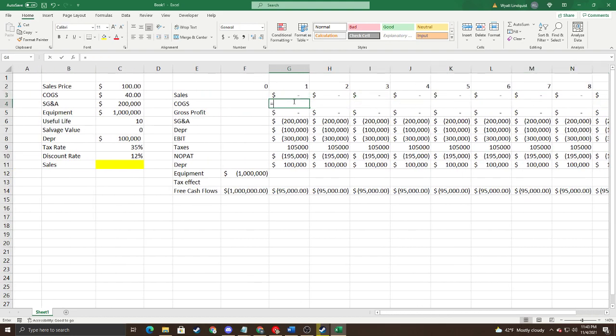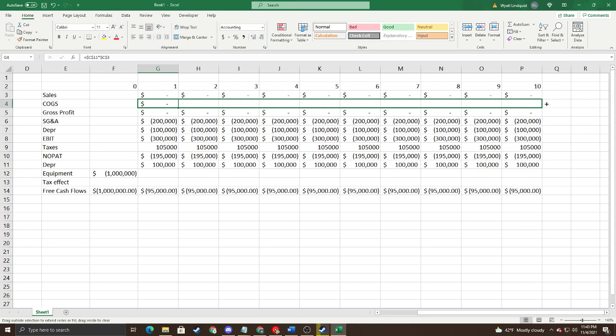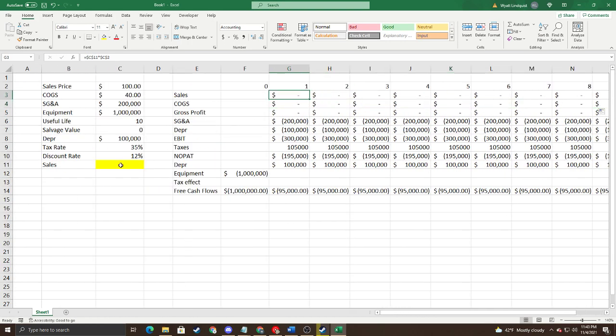Right? And then we're going to do the same thing down here. And actually what we're going to do is we're just going to copy this one down. And we're going to change this to C11, but this one to C3. And then we're going to copy this all the way across. So what we're doing here is we're having this box times the sales price equals this.